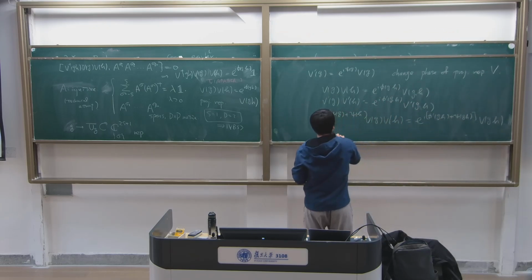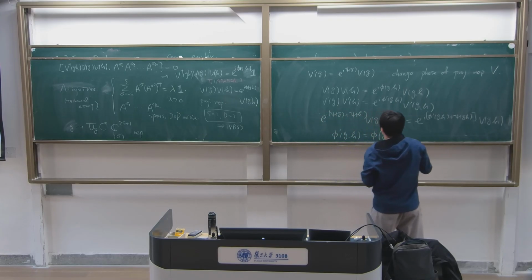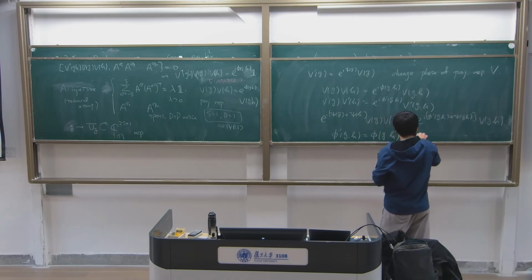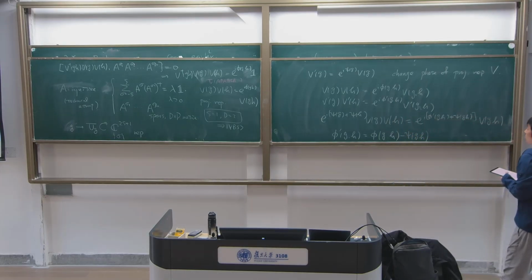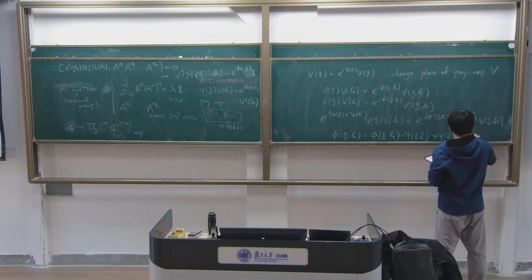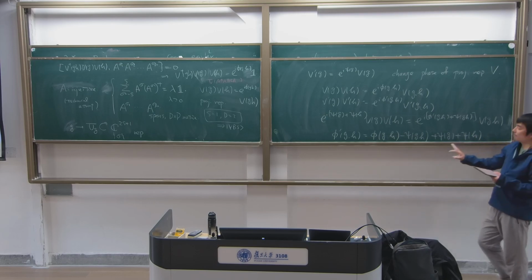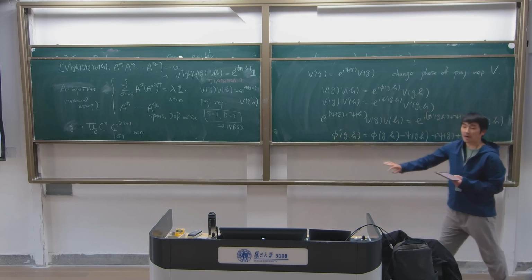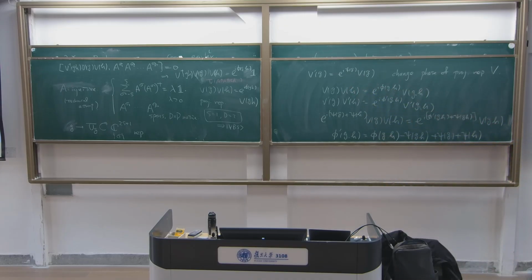Then the new phase phi prime is the previous phase minus psi_GH plus psi_G plus psi_H. And what we want is to identify this phi prime, because we just change the basis of the projective representation.